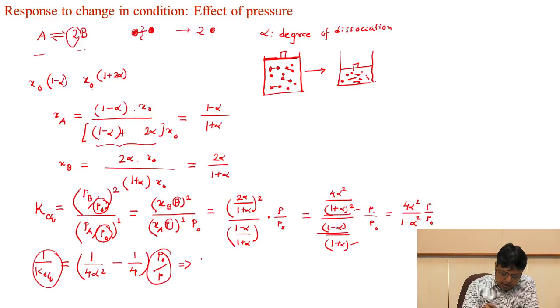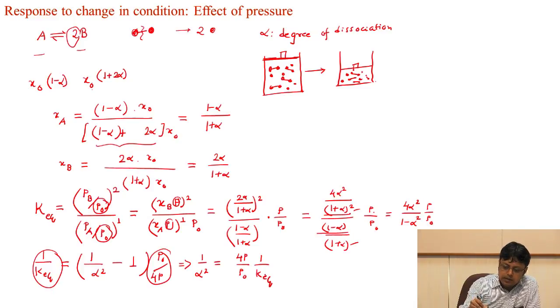So we could have actually taken the 4 to be common, so it will be just minus 1. So what we'll have is 1 over alpha squared will be nothing but, as we see here, 4P by P0 into 1 over K equilibrium.